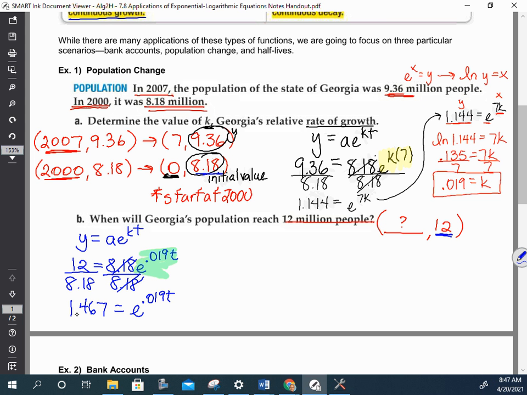So now that the E is by itself, we can go ahead and do the rewrite. We rewrite it using the formula from above. Here's our base. Here's our exponent. Here's our y value. So the rewrite becomes natural log 1.467 equals 0.019t.